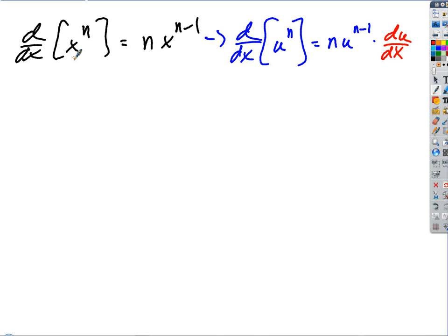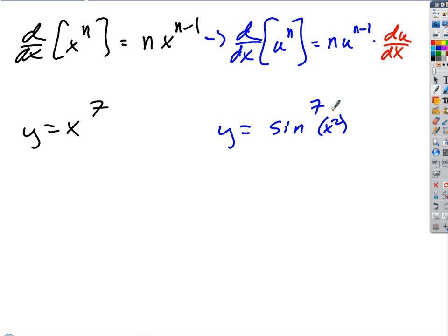Okay, so what that means is, this rule only applies to things like y equals x to the seventh, for example. But this one applies to things like y equals sine of x squared to the seventh.